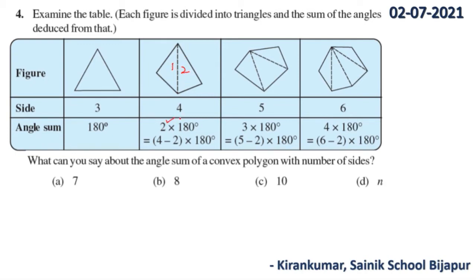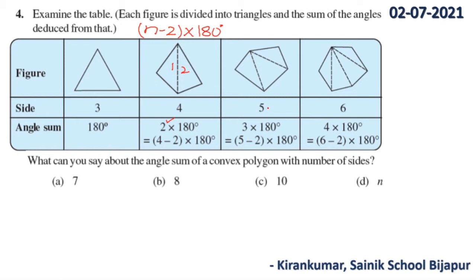So 2 times 180 degrees is the sum of all the angles, that is (n minus 2) into 180 degrees. This is a general formula to find the sum of interior angles in a polygon.